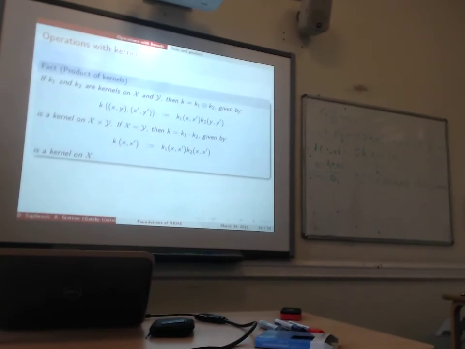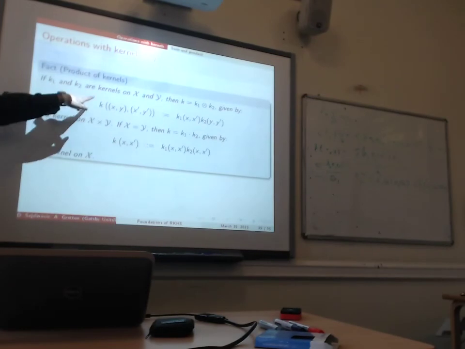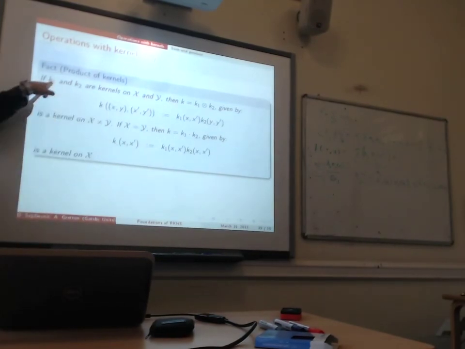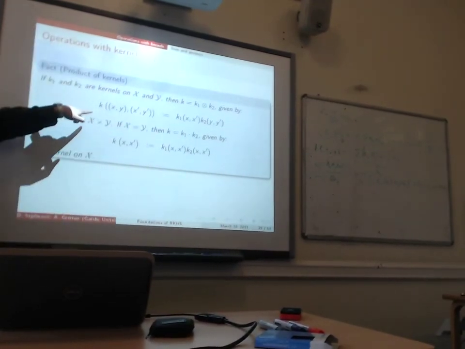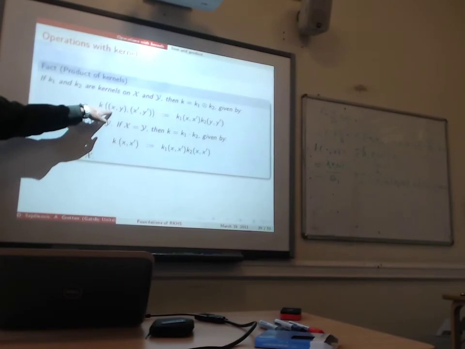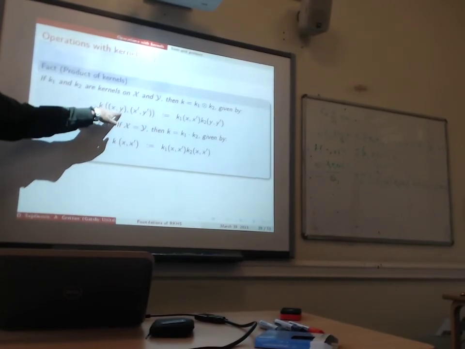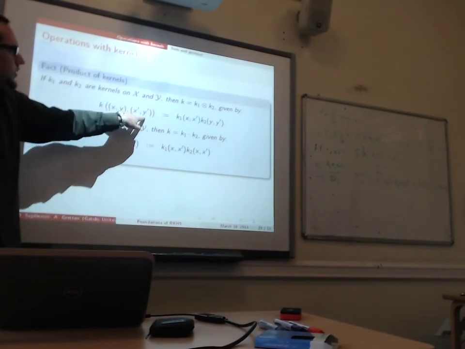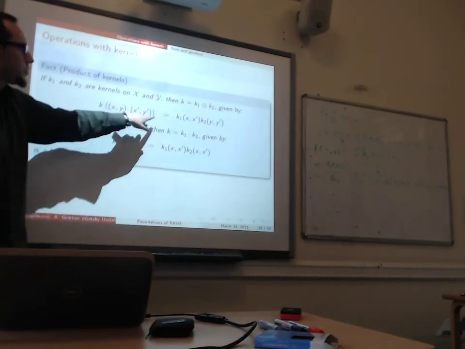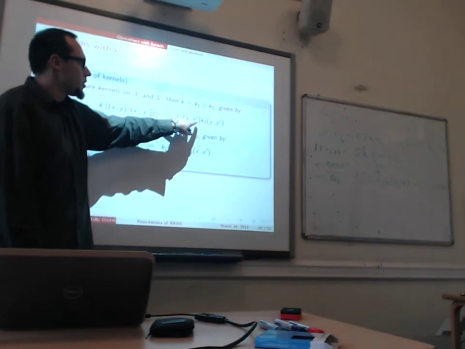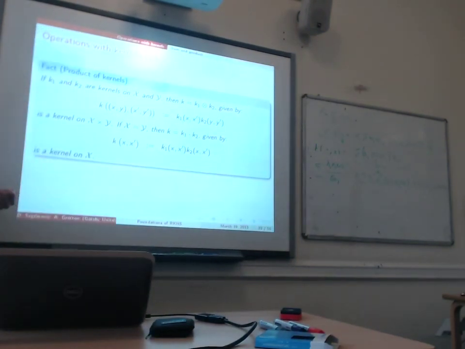Perhaps more interestingly, we can also multiply kernels together. If I have two domains, x and y, and k1 is a kernel on x, k2 is a kernel on y, I can construct a new kernel simply by saying: when you get a pair of x and y and another pair of x and y, you compute the kernel between those two pairs by multiplying together the kernel between the x's and the kernel between the y's.